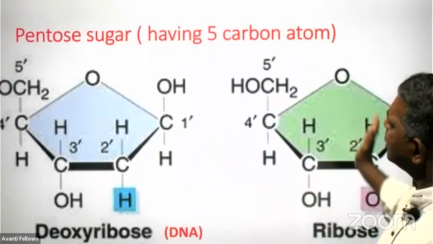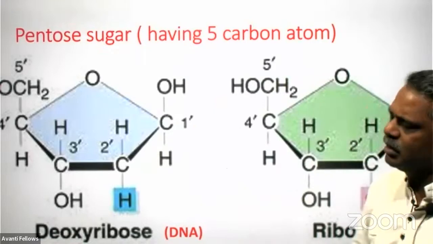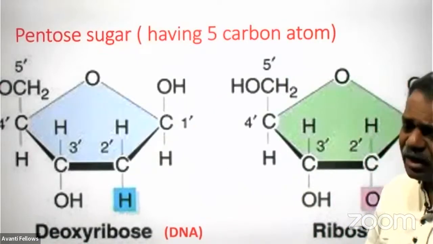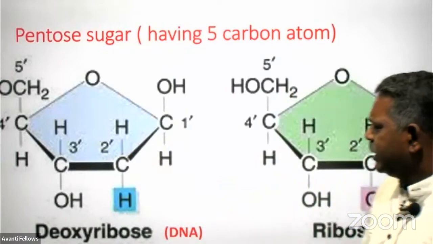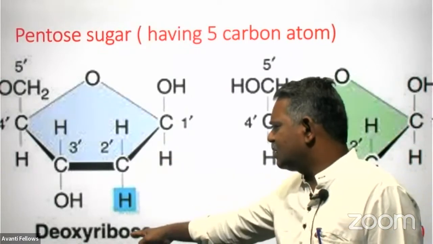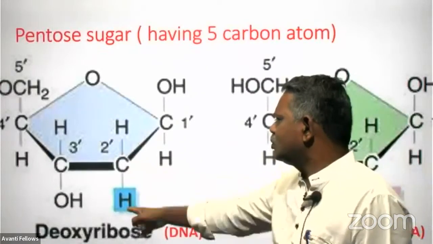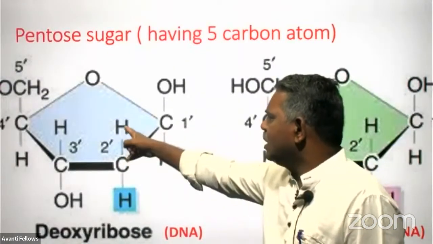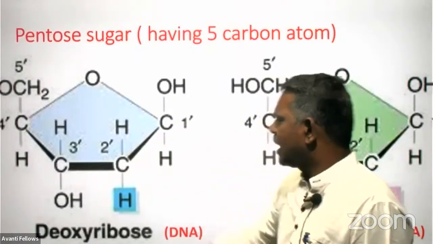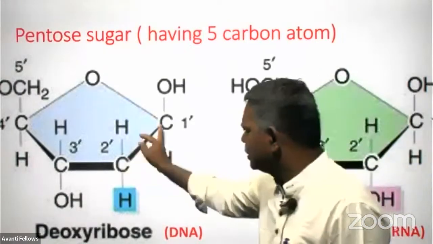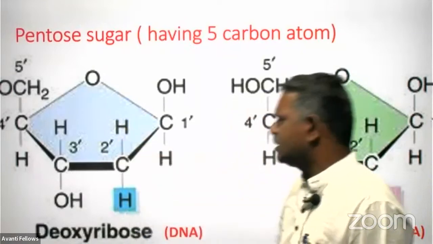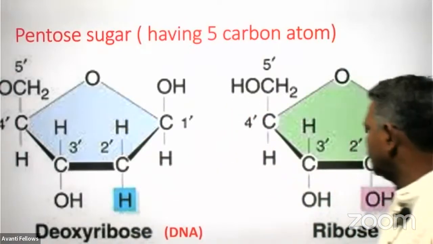And what is the basic difference between these two pentose sugars? You see the second position of the carbon atom in the pentose sugar. In the case of deoxyribose sugar, why is it called deoxy? In the second position, the second carbon atom is connected to what? This hydrogen only. The valency is 4. It is connected to this hydrogen atom only.